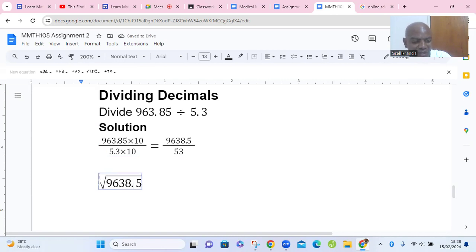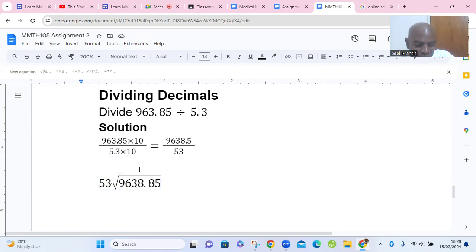So let's say that is 53 divided into 963.85. So what you have to do is to ignore this little jaggedy there and pretend that's the division that's going on there. Now I have to put the quotient on top, right? The answer will come on top there.